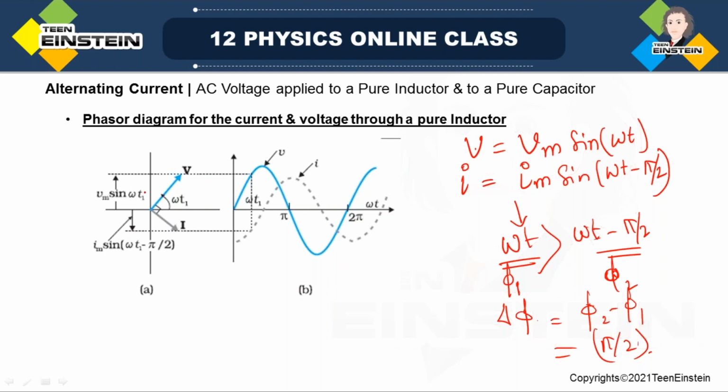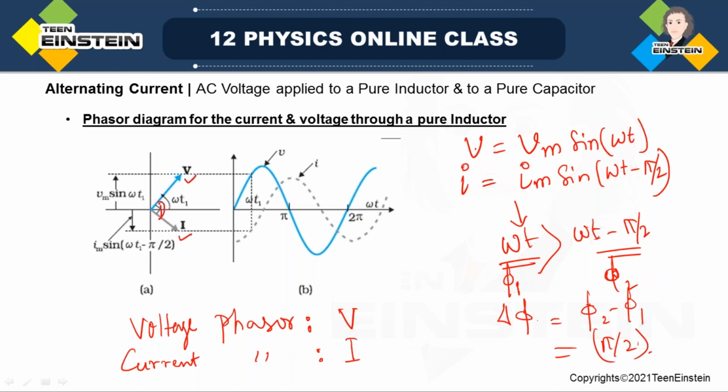So we'll try to analyze this. The same thing can be represented in the phasor diagram. Look, we have two rotating vectors. One is the phasor for voltage, denoted by capital V, and the current phasor is denoted by capital I. In this figure A, you have two rotating vectors, one is voltage, another one is current.